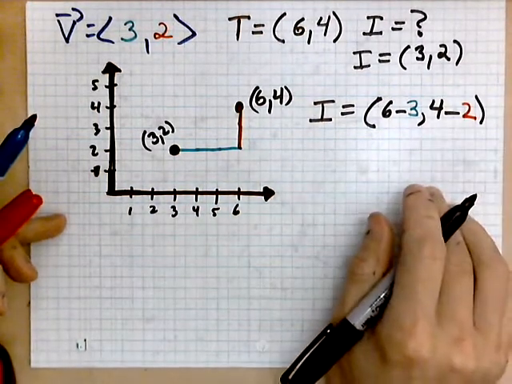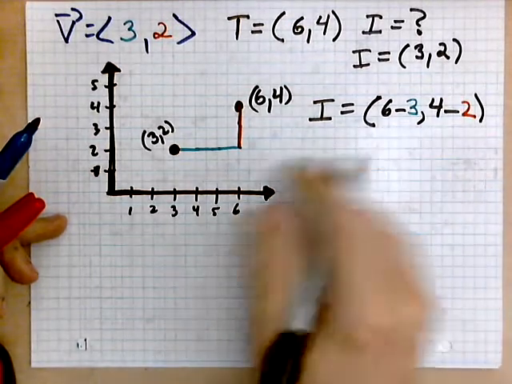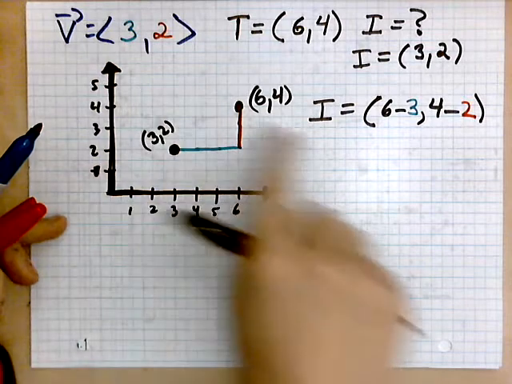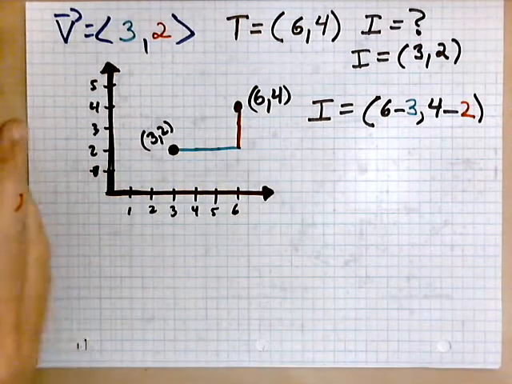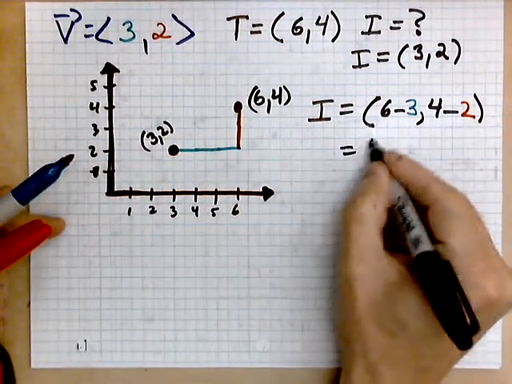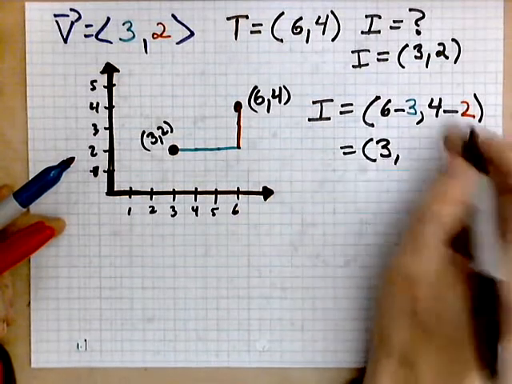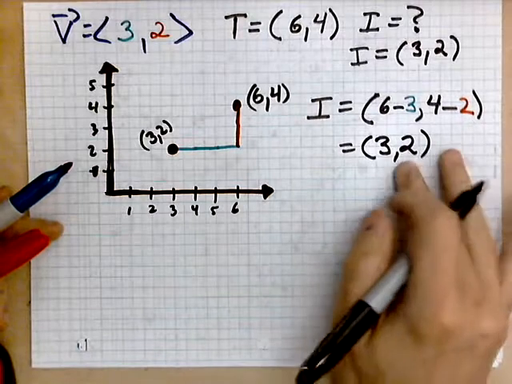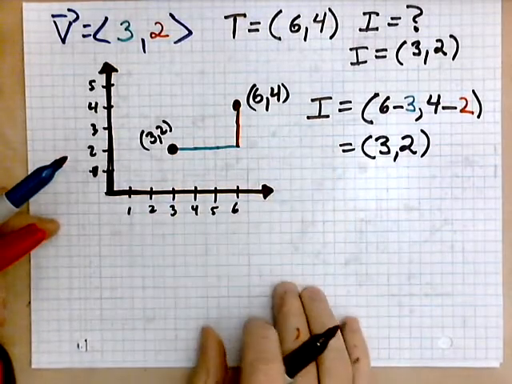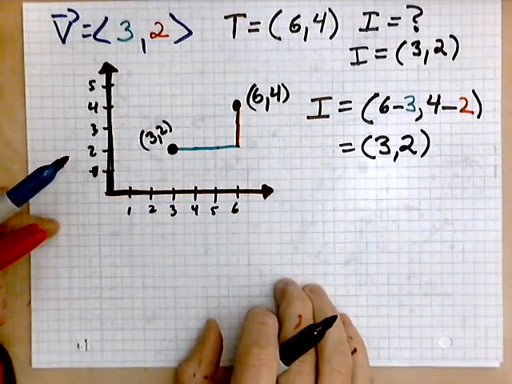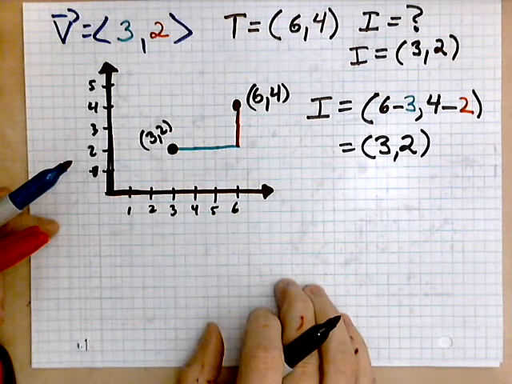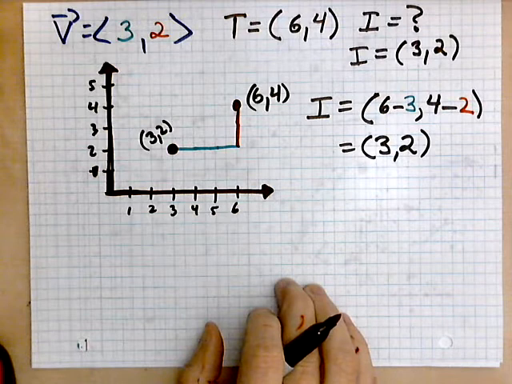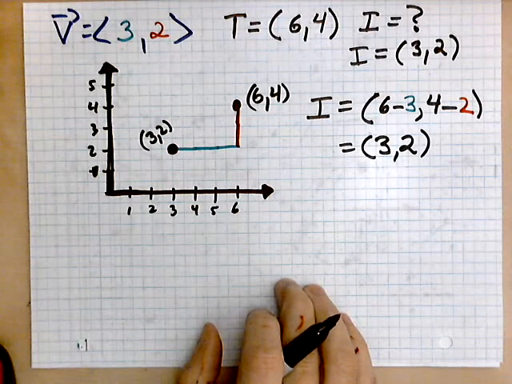So you're subtracting from the x and y coordinates of the terminal point the components of the vector. That's what I've done here. So all that remains now is 6 minus 3, which is 3, 4 minus 2, which of course is 2. So this algebraic step confirms the picture also. So this is how you find an initial point given a terminal point and a vector expressed in component form.